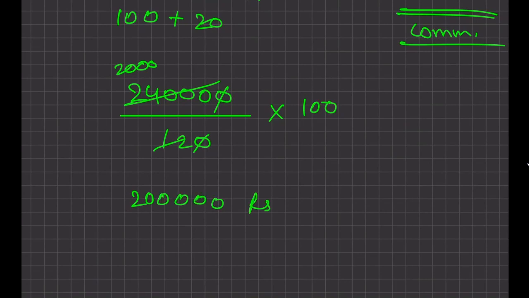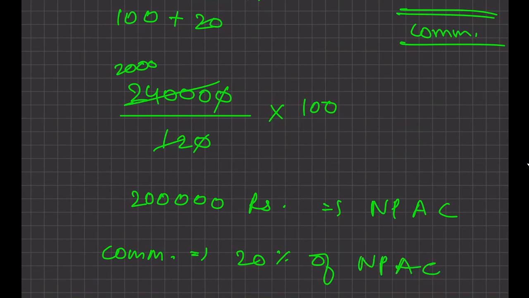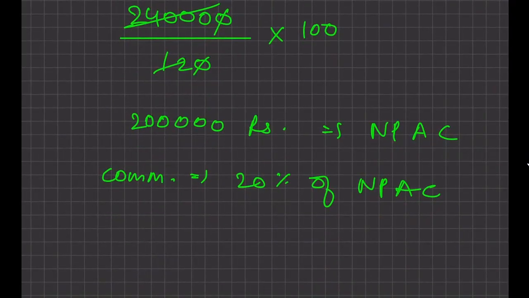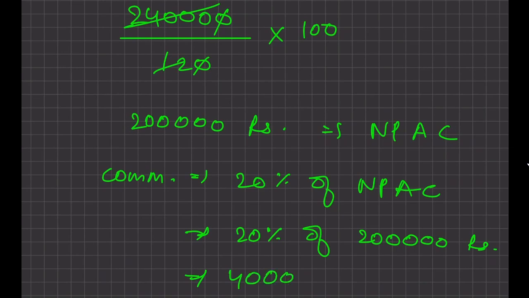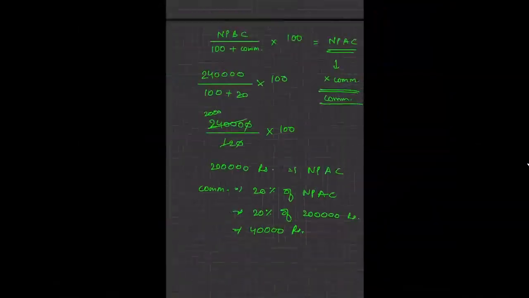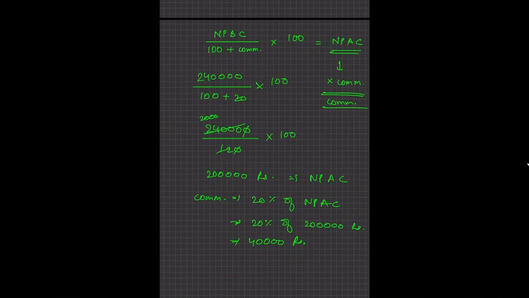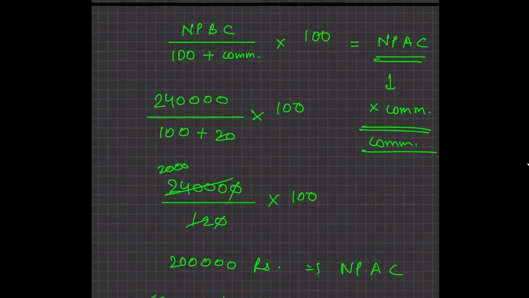So 2 lakh rupees is my net profit after commission. And what is my commission? It is nothing but 20% of net profit after commission, that would be 20% of 2 lakh rupees. Answer is 40,000, the same thing which we derived from the equation earlier. So that is the same concept which we are applying over here.